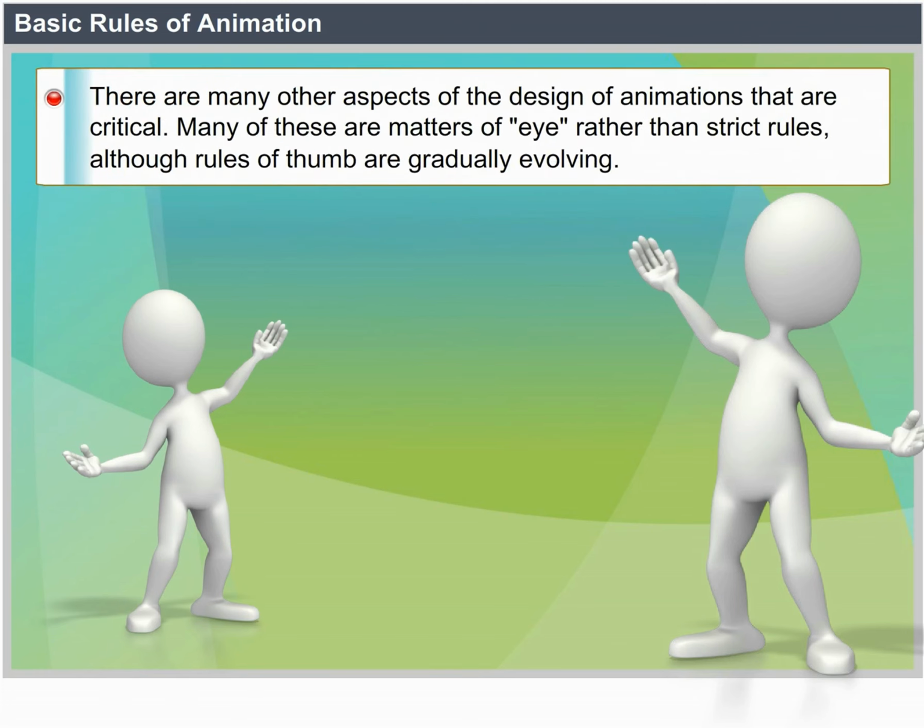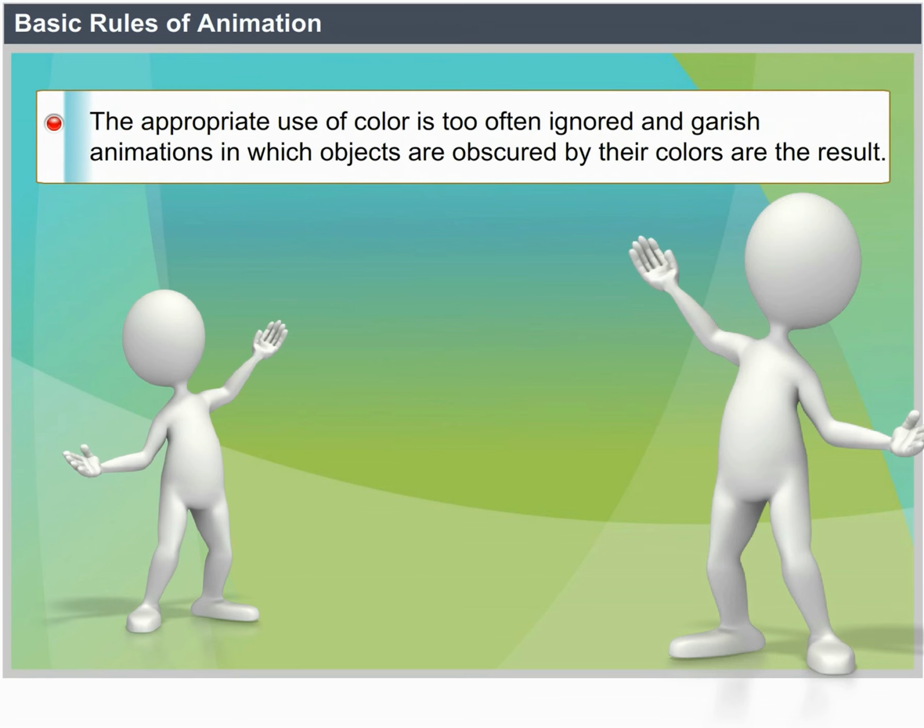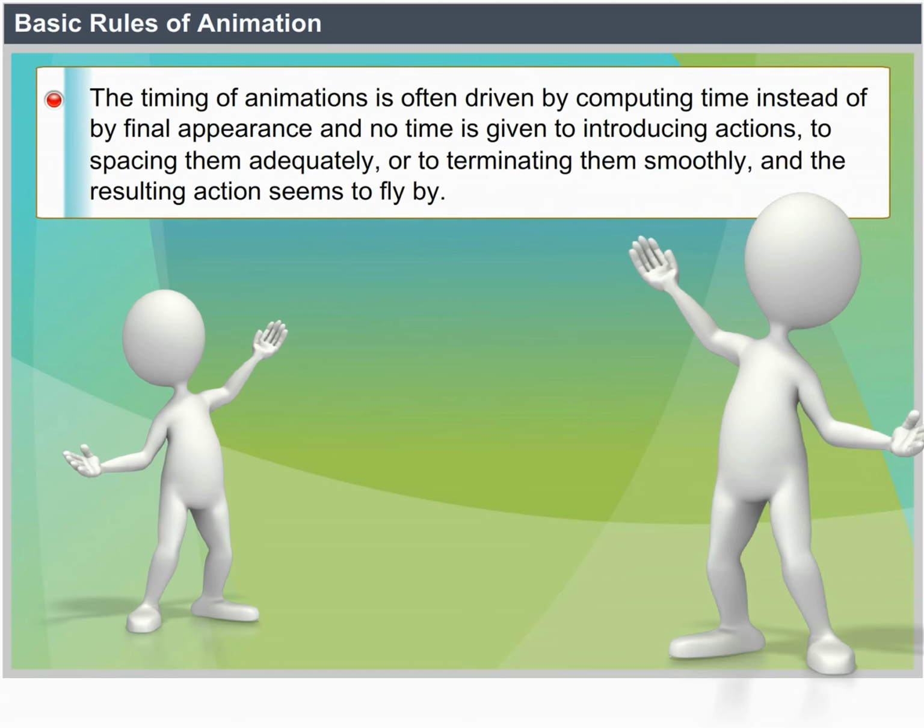There are many other aspects of the design of animations that are critical. Many of these are matters of eye rather than strict rules, although rules of thumb are gradually evolving. The appropriate use of color is too often ignored, and garish animations in which objects are obscured by the colors are the result. The timing of animations is often driven by computing time instead of by final appearance.